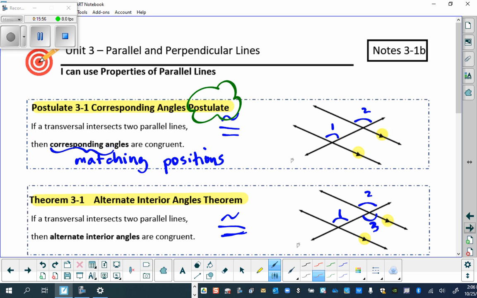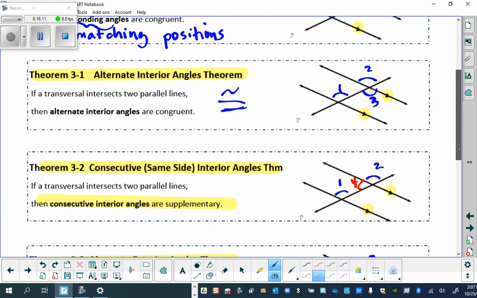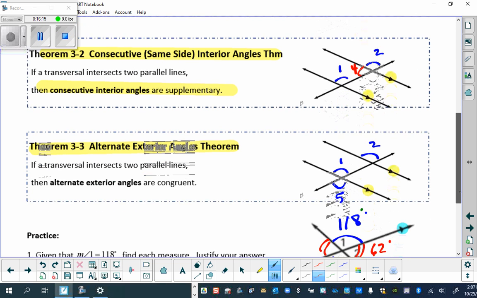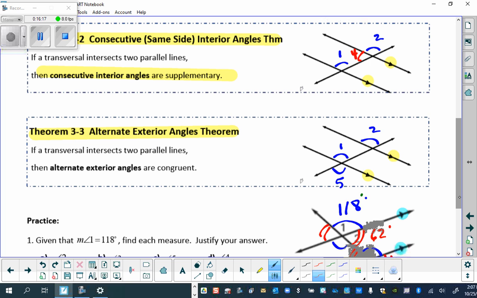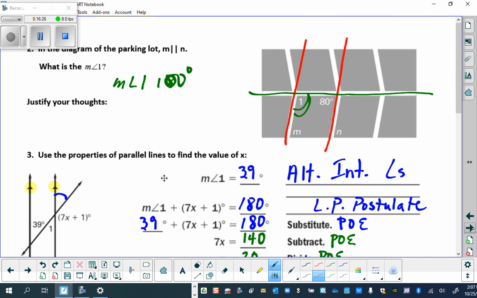Notice 3.1b is where we said, hey, wait a minute, if the lines are parallel, Euclid gives us these full relationships. Consecutive interior angles are supplementary. Everything else is congruent: alternate interior, exterior, and corresponding. And we looked at all of those different stories.